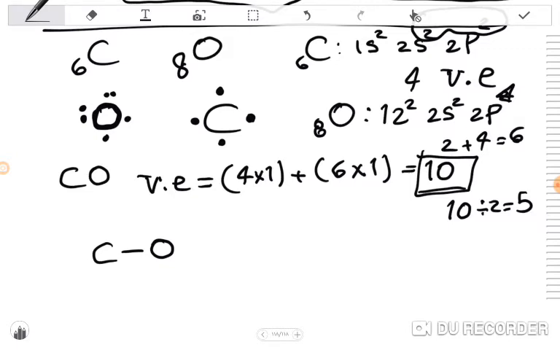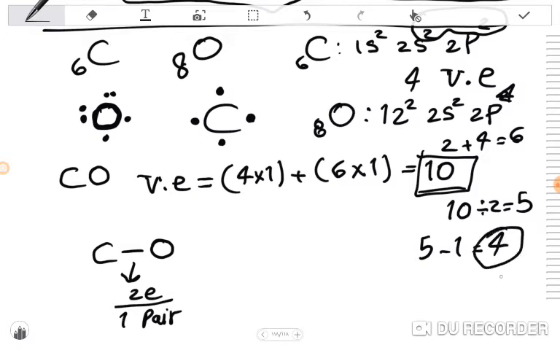Okay, we know this is 2 electrons, 5 minus 1, 1 pair, is equal to 4. The remaining electrons are 4 pairs. We divide them between the atoms.